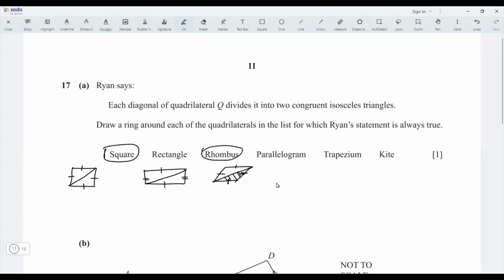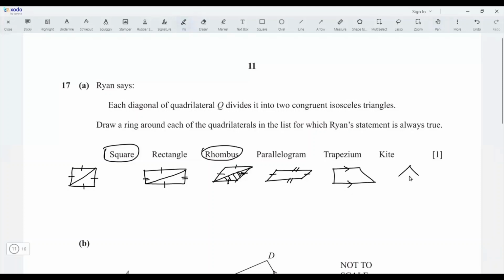Not the parallelogram. A parallelogram is basically a tilted form of a rectangle, and we can see it's not proving. For the trapezium as well, it can be like this, and these two sides are just parallel to each other. No other information is satisfying.